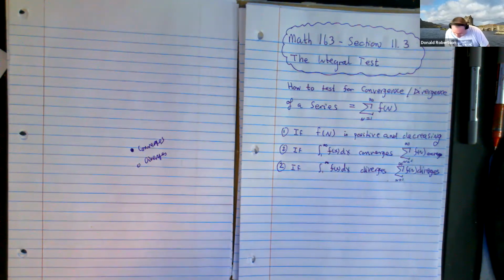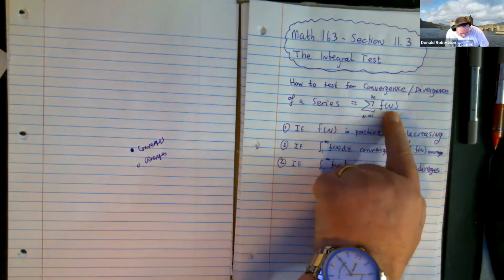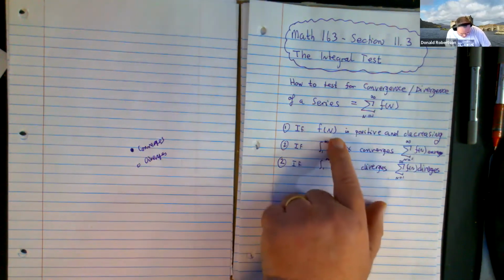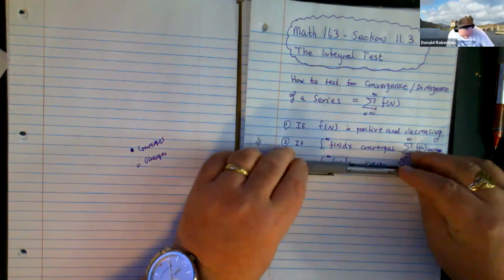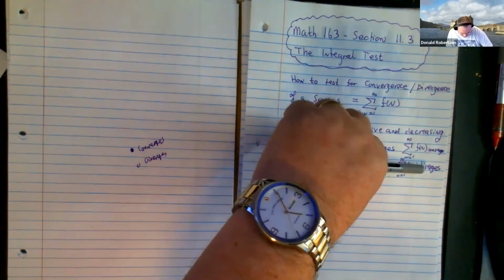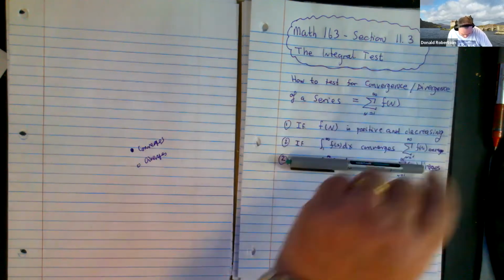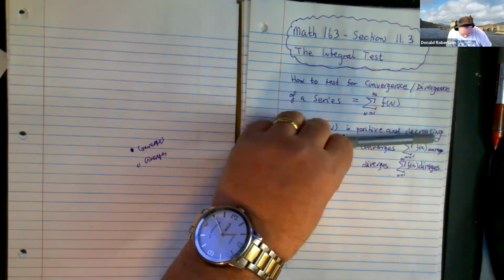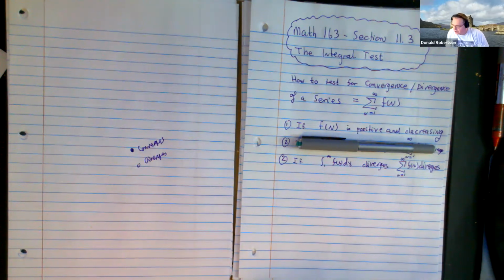So anyway, back to the thing. You have to prove that this f of n, this function, is decreasing and positive. And then you do this. This is actually all about integrating. You integrate from 1 to infinity the f of x. If this thing is a number like 42, the series converges. Or you find the integral and the limit is infinite, it diverges, it doesn't exist.